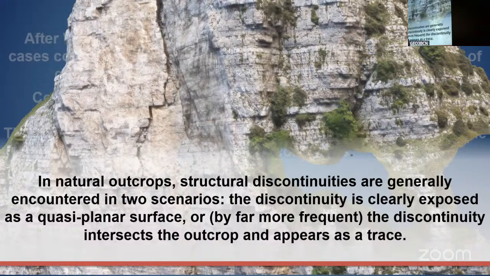Much more common is the case in which the geological surface of interest intersects the surface of the outcrop. So the geological surface of interest is exposed just as a trace, a 3D trace. Those are the two situations in which we can find the geological surface, and the two situations require different approaches to extract the geological information.